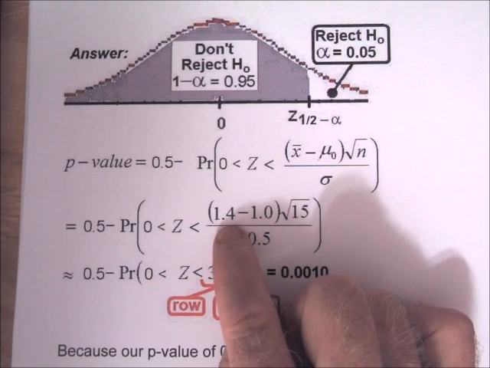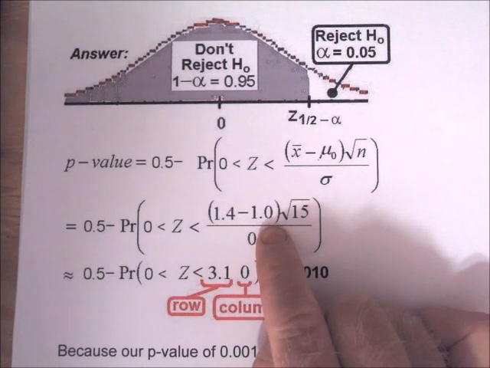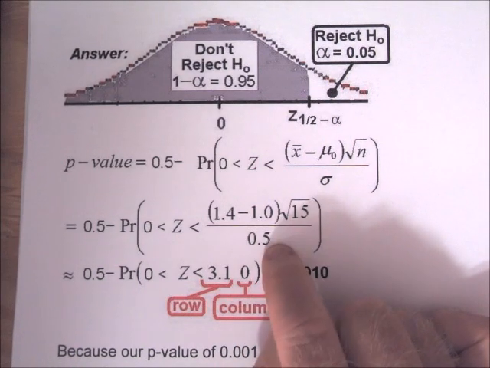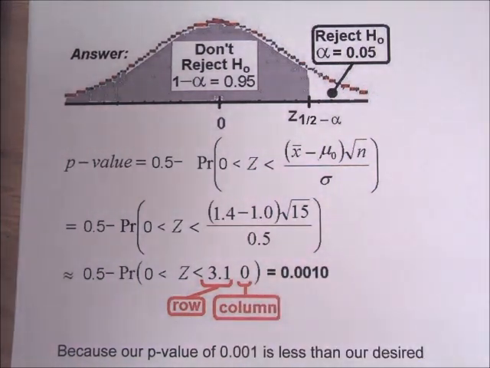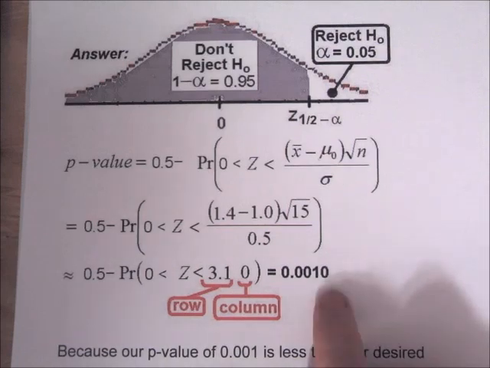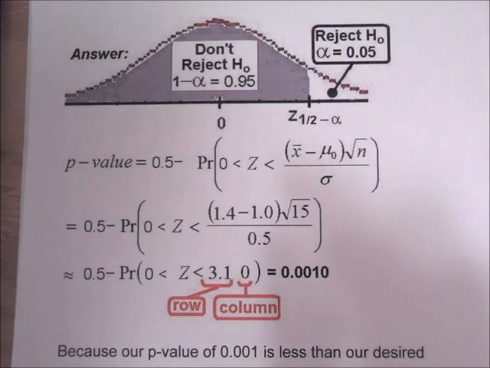Putting in the numbers, we have 1.4 minus 1.0 times square root of 15 over 0.5, and again it comes out to be 3.10. We look at that in the table, subtract from 0.5, and we get 0.0010. Because our p-value of 0.001 is less than our desired level of doubt, we reject H naught with 95% confidence and conclude the mean creatine level of patients is more than that of the general population.